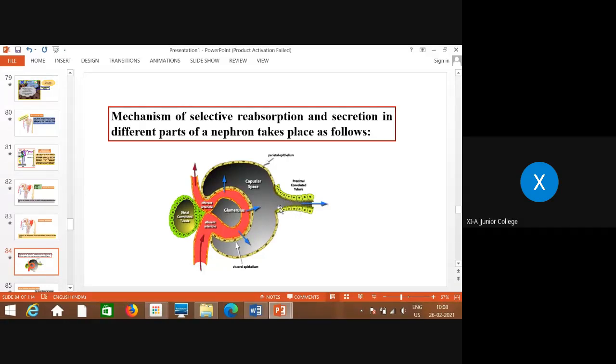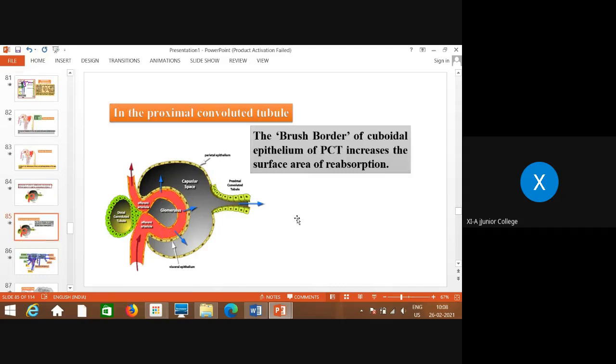First it becomes narrow, called the neck, and then it enters the PCT, and the epithelial cells in this region show borders, giving the appearance of a brush border, called microvilli, which increase the area of absorption. So the brush border of the cuboidal epithelium of the PCT increases the surface area for reabsorption.